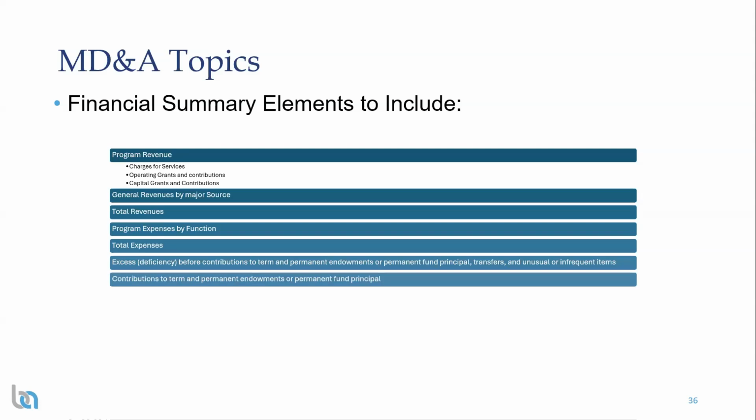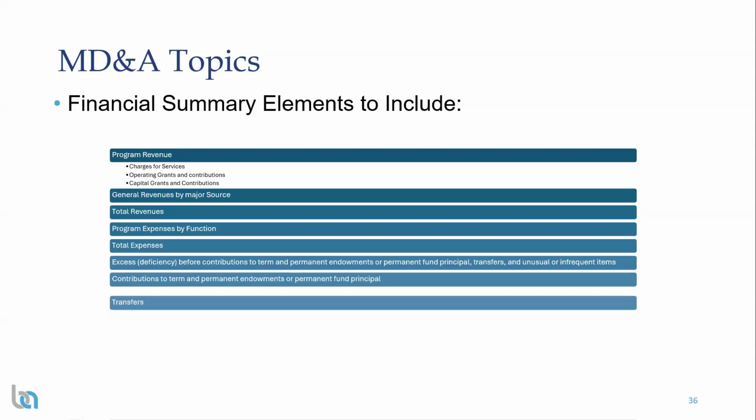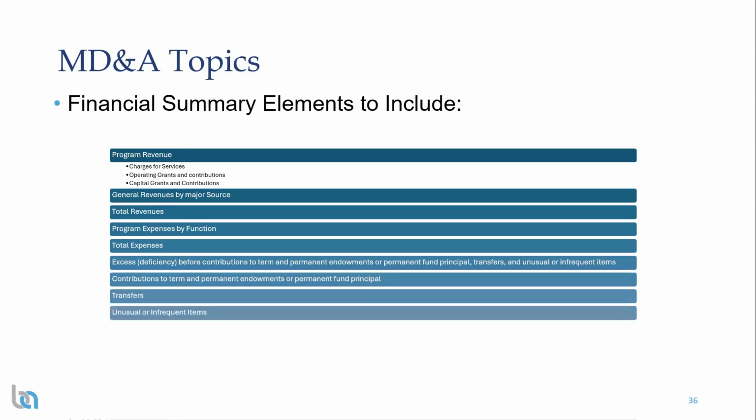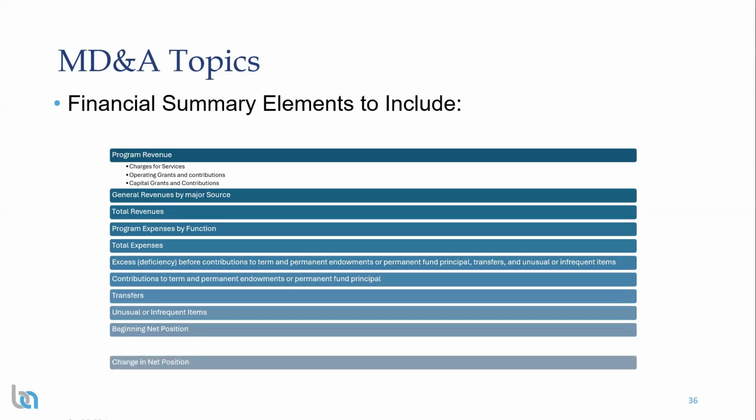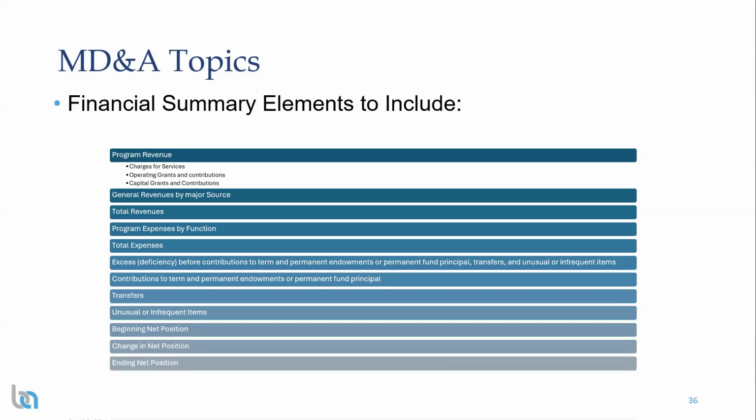Then you would have contributions to term and permanent endowments or permanent fund capital, then transfers, then unusual and or infrequent items, beginning net position, change in net position, ending net position. So remember, these are the categories you have in your statement of activities in the government-wide. You know, your program revenues, general revenues, program expenses.